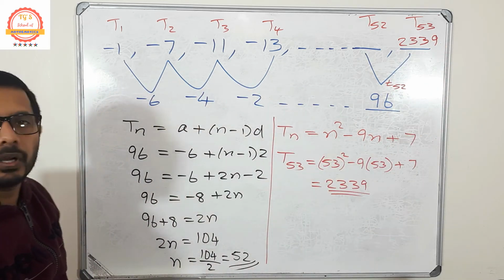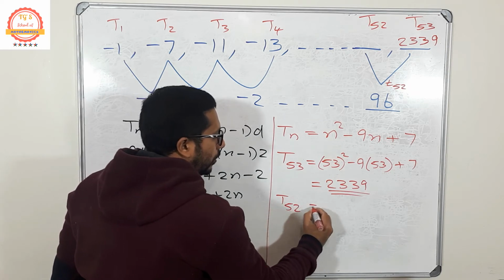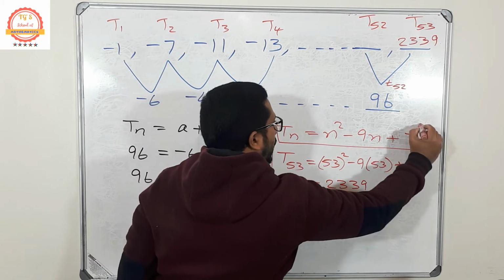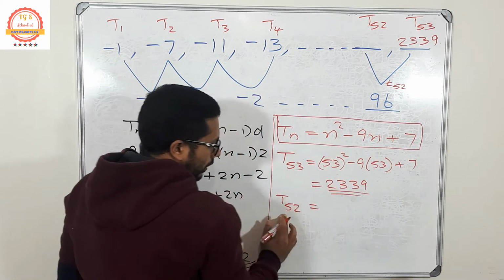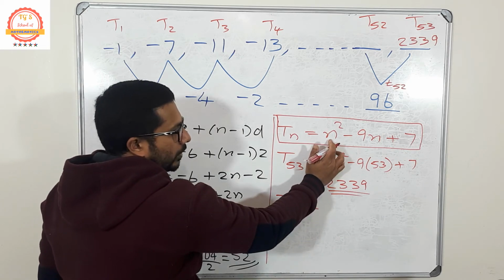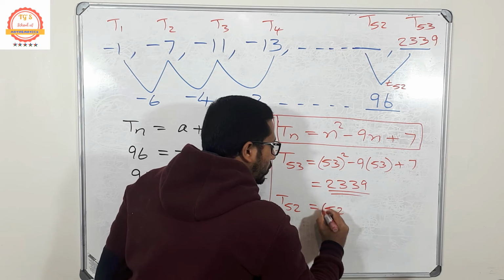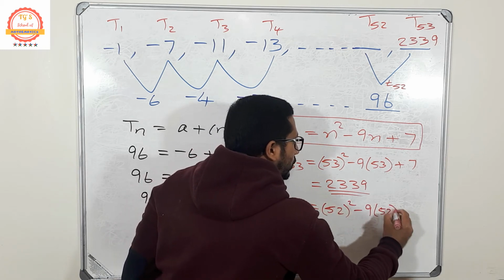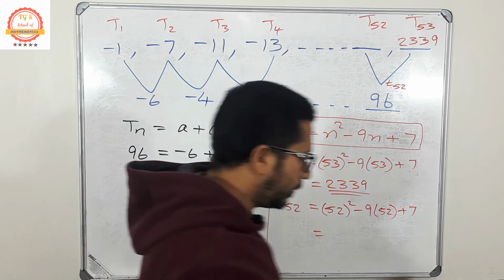Now what is the 52nd term? T52. So we can apply the same thing. This is our general formula for that sequence. So for T52, that means you have to substitute the value of n as 52. So it is 52 square minus 9 into 52 plus 7. Check in your calculator, what is the answer?